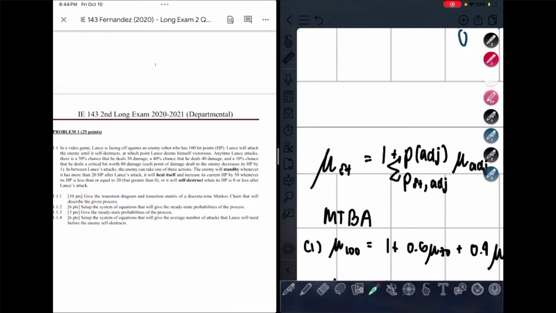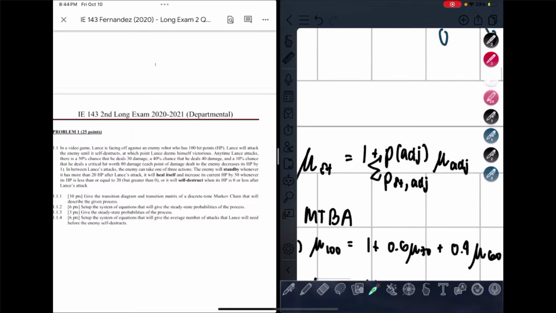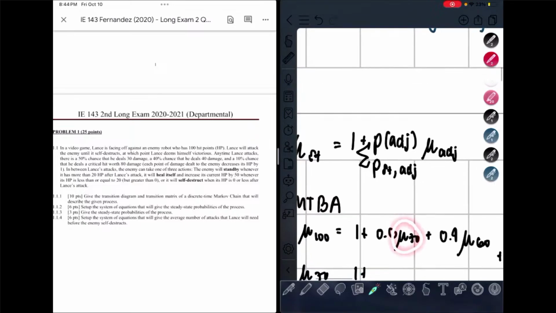But, we have to set it up as a system because we have one equation but 3 unknowns. So we want an equal number of equations and unknowns. There are multiple ways to go about this, but for me personally, the fastest way from doing practice is taking one of the unknowns here and making it the left-hand side.